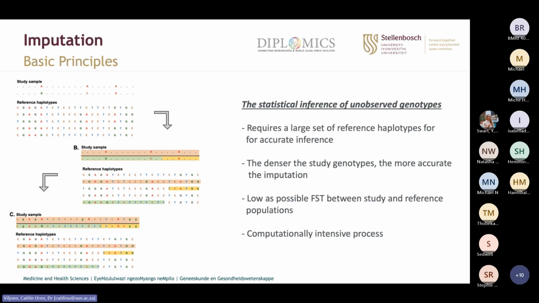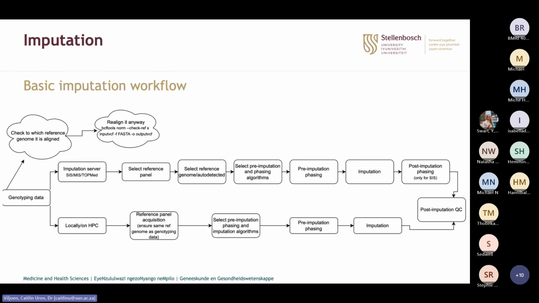So you want to compare apples to apples. That is definitely something to keep in mind when you choose a reference panel, but we'll talk about that a bit later. This process of imputation is computationally intensive, very much so. So running it locally is not an option, particularly for large scale genotyping data. Okay, so this is the basic workflow of imputation and phasing. I'm going to run through it very quickly.